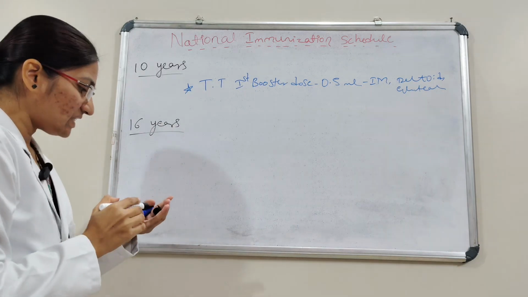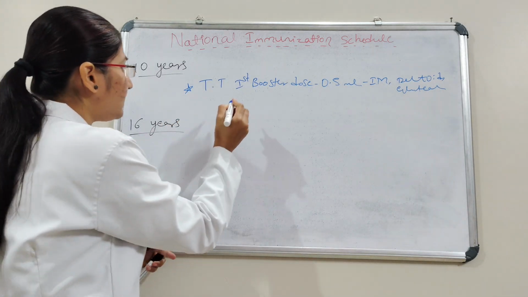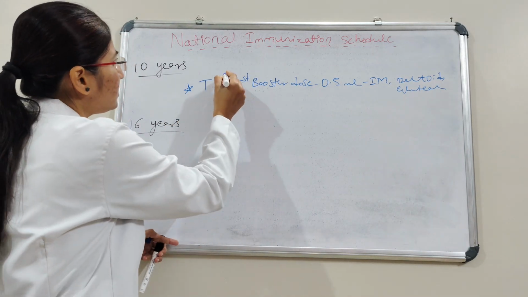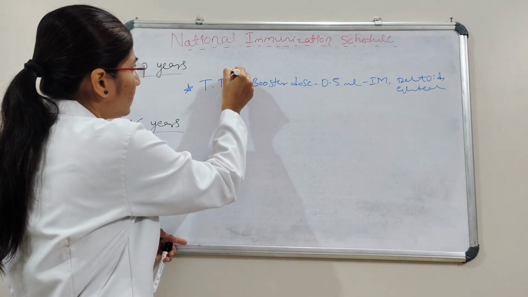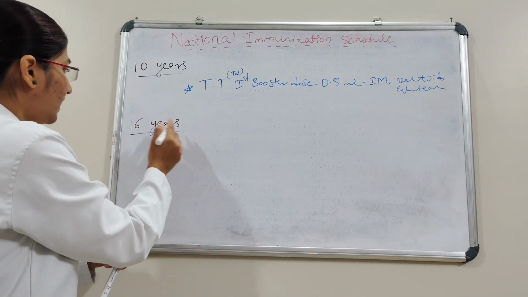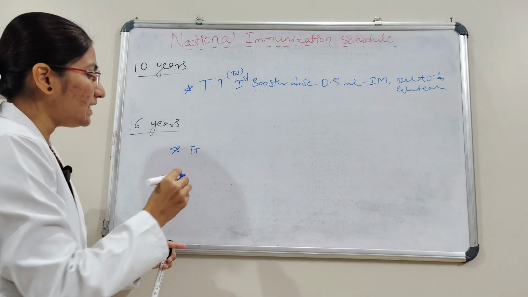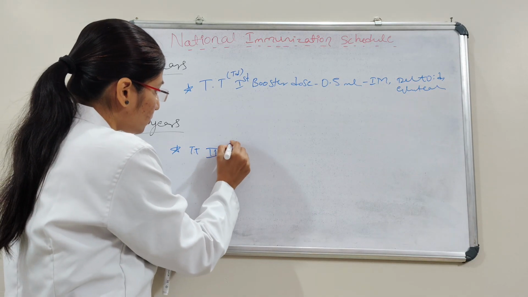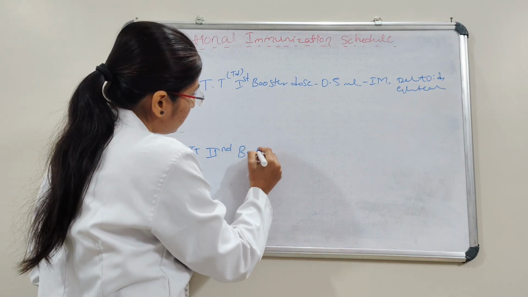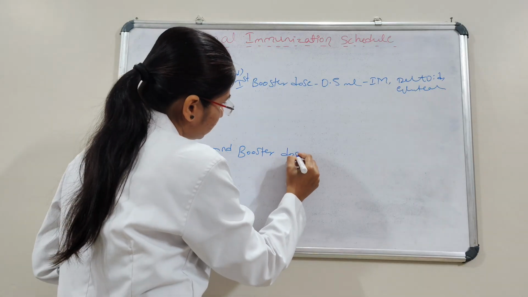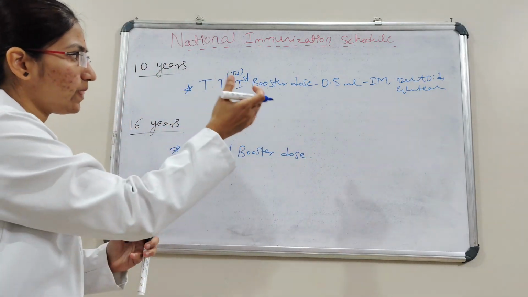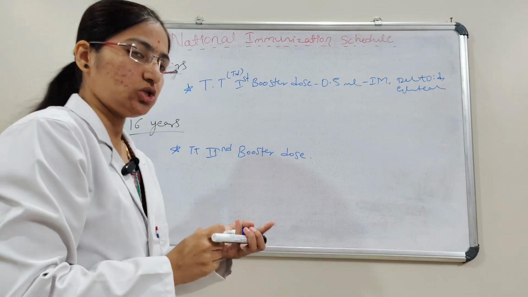Here at 16 years, this TT is called TD, and here again the TT second booster dose is given through the IM route, and this is the dosage.